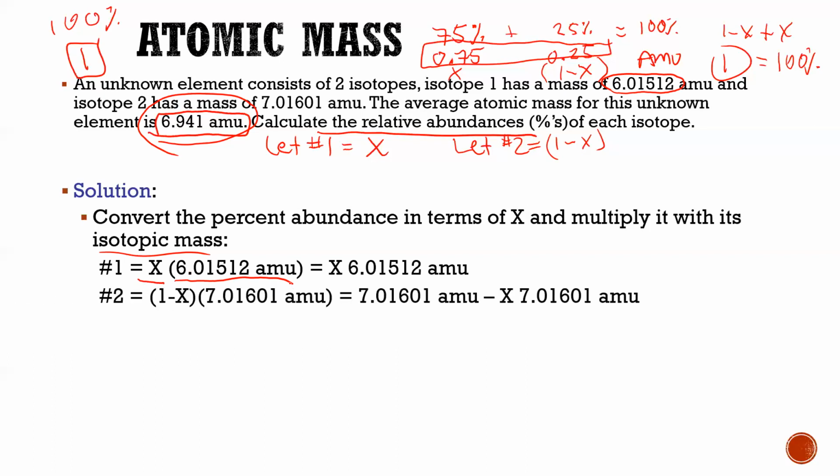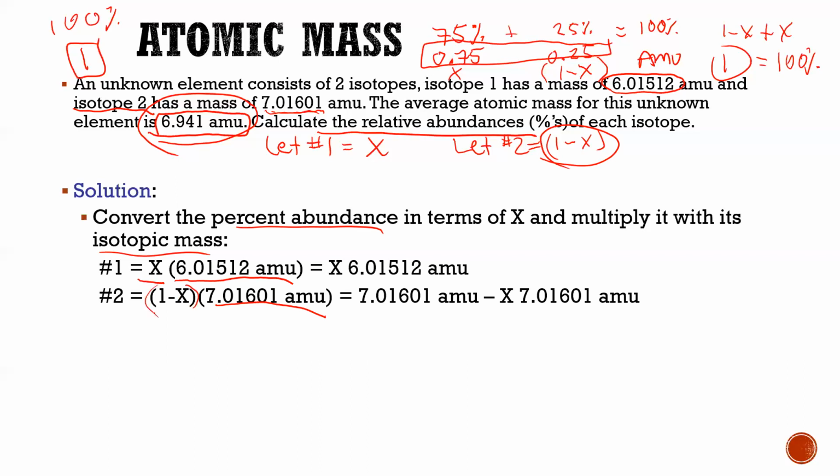Isotope 2, the mass for that particular isotope is 7.01601, which is right here. But I have to multiply that by, remember, the percent abundance, but I'm doing it in terms of X, so that's 1 minus X. And I put that right there.